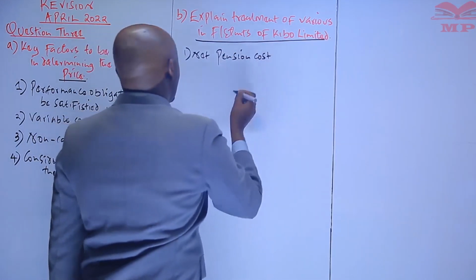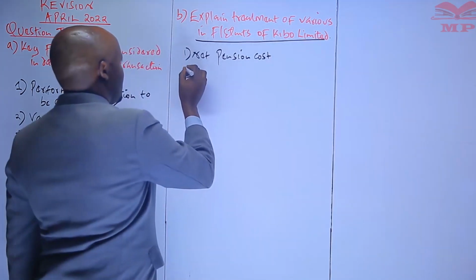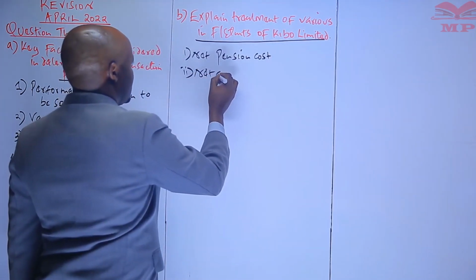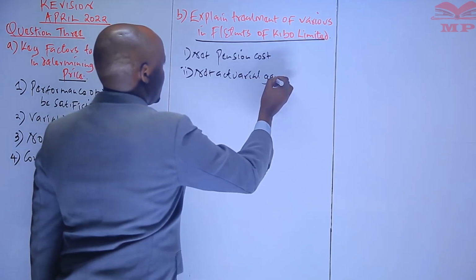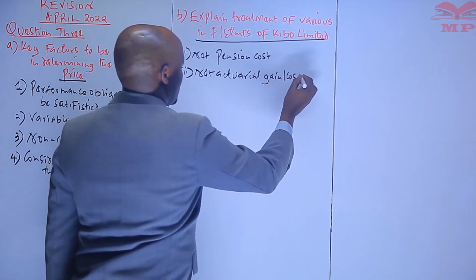The other one is the net actuarial gain or loss.